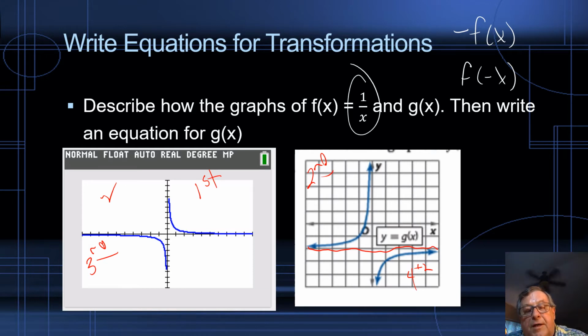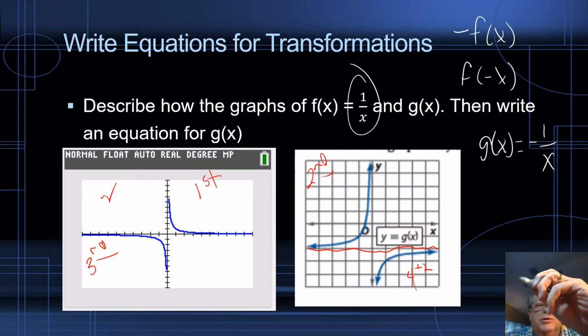So if I'm going to write this equation for g of x, I'd say that g of x is equal to negative 1 over x, well, that's pretty sloppy looking, negative 1 over x, minus 2, to not only give me the reflection, but also the translation or the vertical shift down by 2.